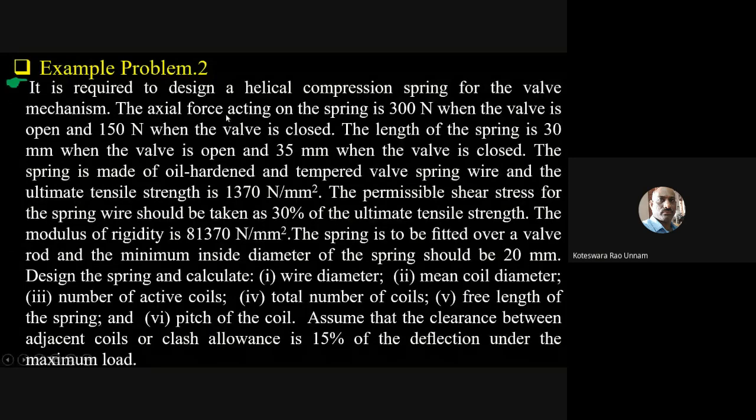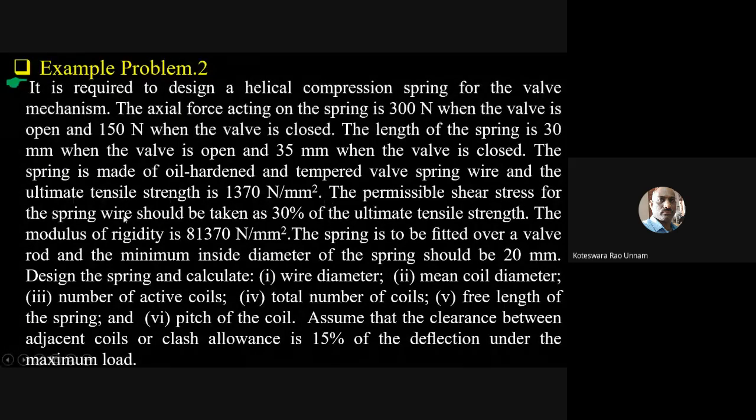The axial force acting on the spring is 300 newtons when the valve is open and 150 newtons when the valve is closed. The length of the spring is 30 mm when the valve is open and 35 mm when the valve is closed. The spring is made of oil hardened and tempered valve spring wire and the ultimate strength is 1370 Newton per mm square.